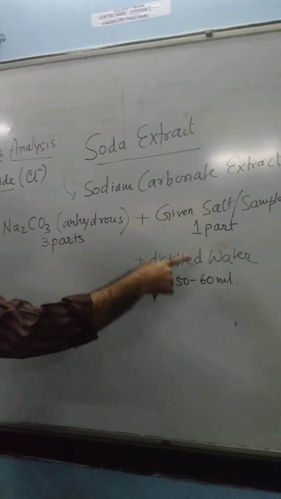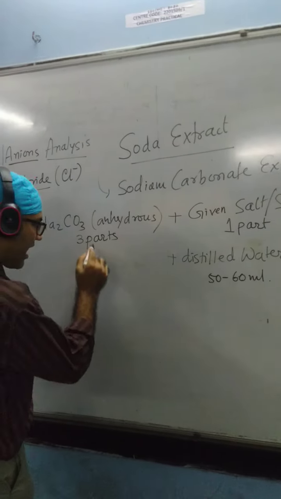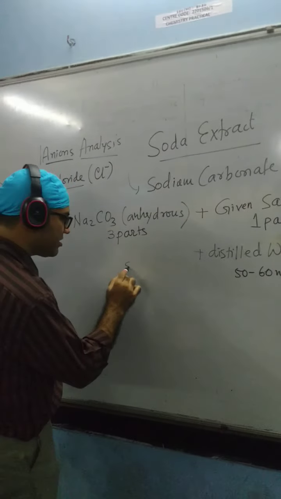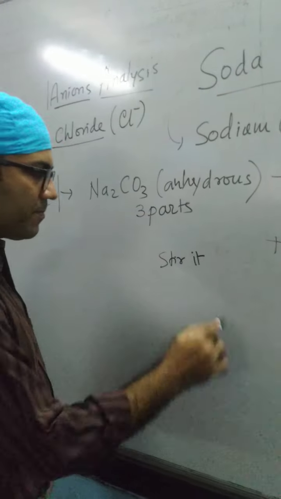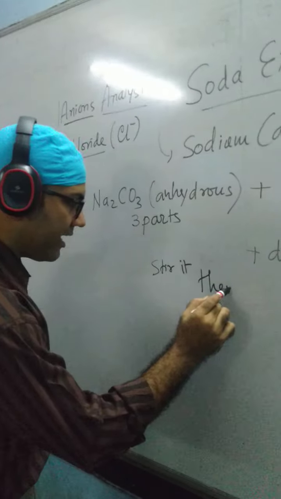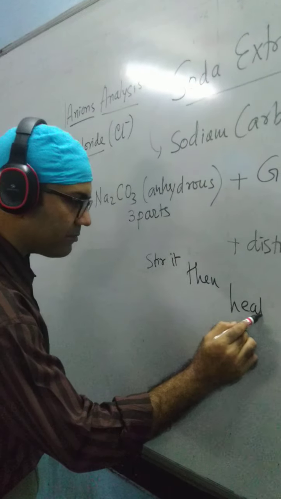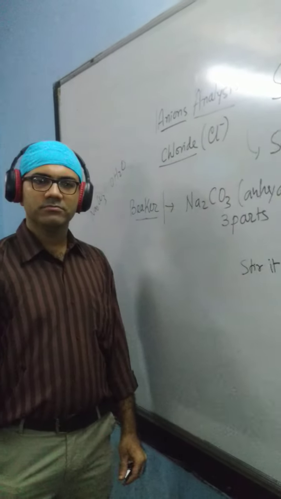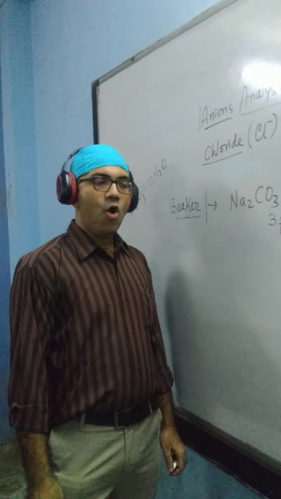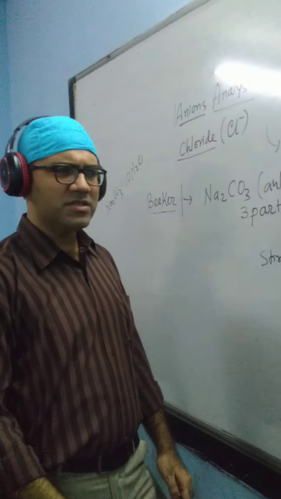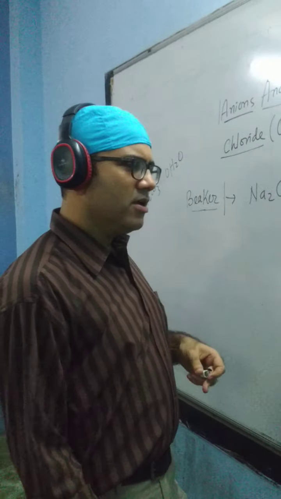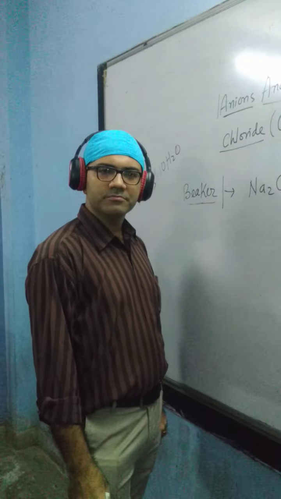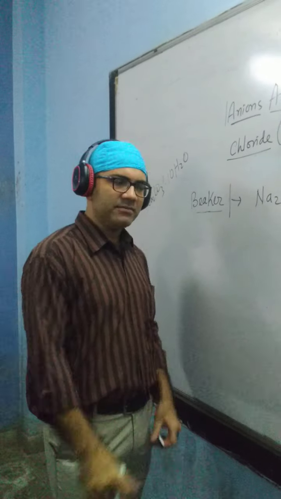This entire mixture, we will add and stir it, and then heat. Once it is heated, we will boil it for 1 minute to 2 minutes. Once it has started boiling, we will stop heating.